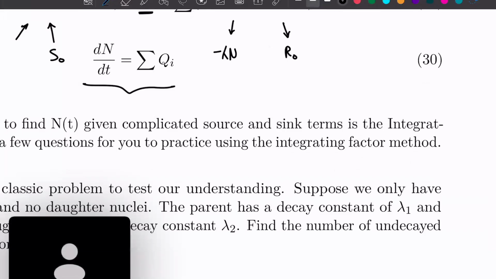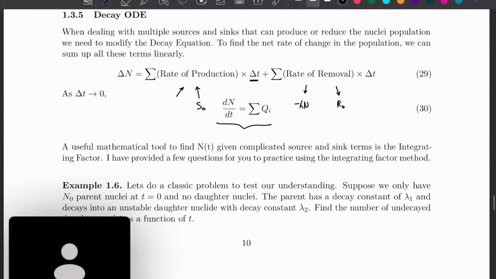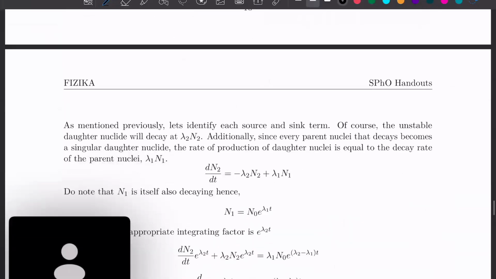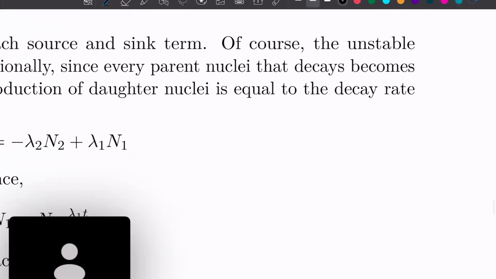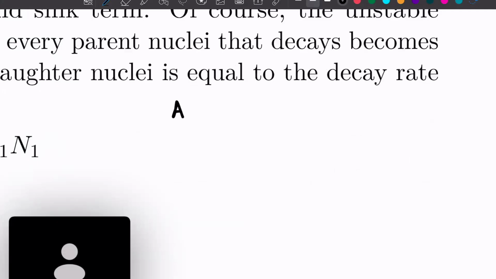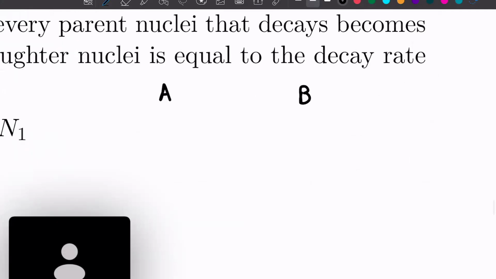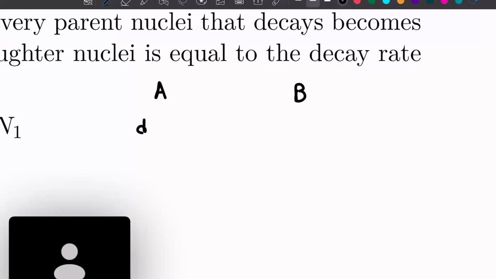Okay, integrating factor, specifically for nuclear physics. Where you would use your integrating factor is, let's say we have nuclide population A and nuclide population B. This is dN_A/dt, A decays into B, and then B decays into something else, doesn't matter.